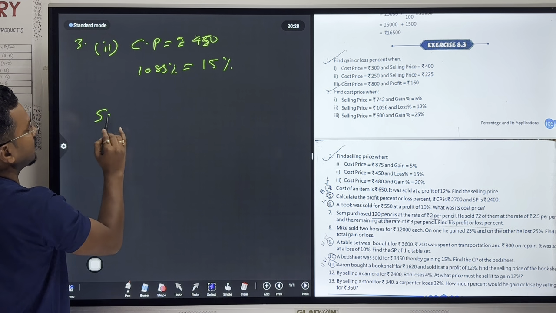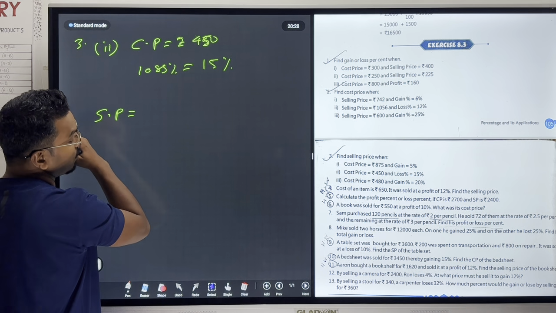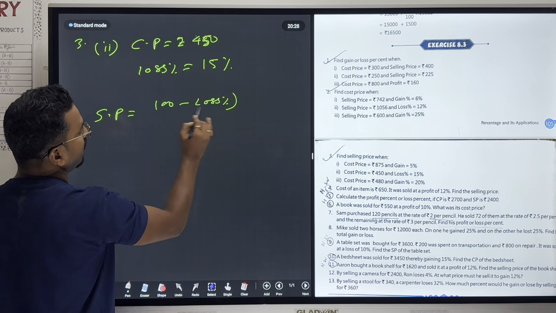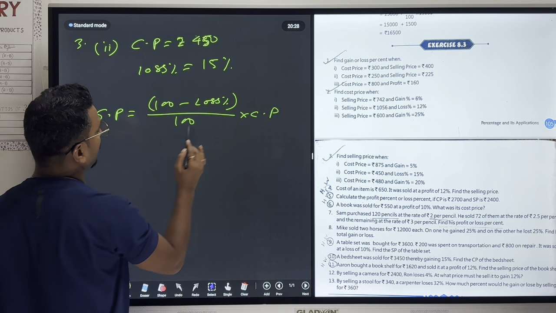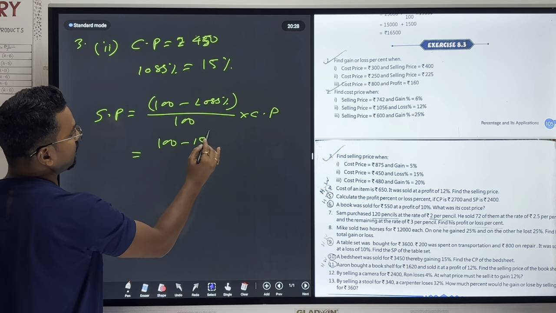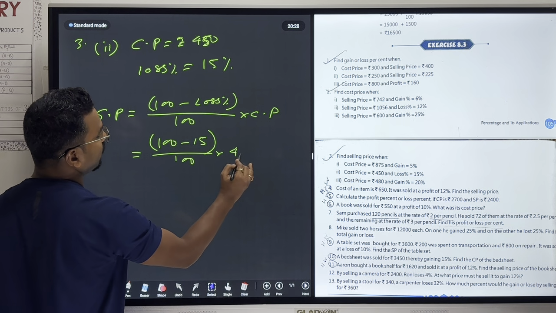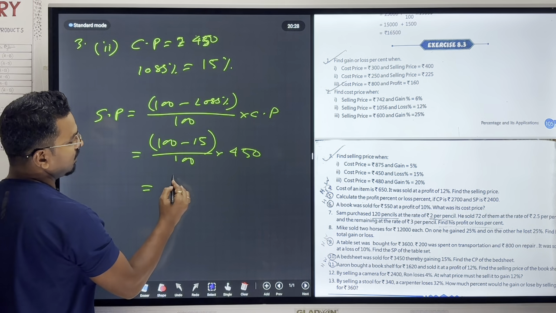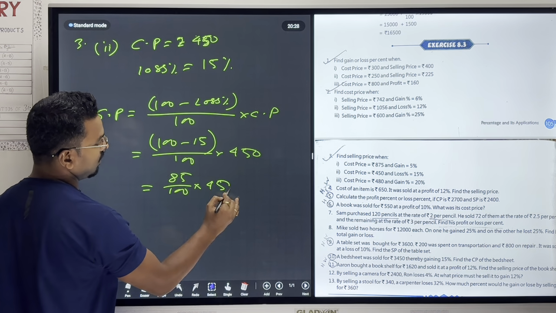So in case of loss, the selling price will be 100 minus loss percent, divided by 100 into CP. So 100 minus, what is the loss percent? Loss percent is 15, divided by 100 into 450. So this will become 85 divided by 100 into 450.